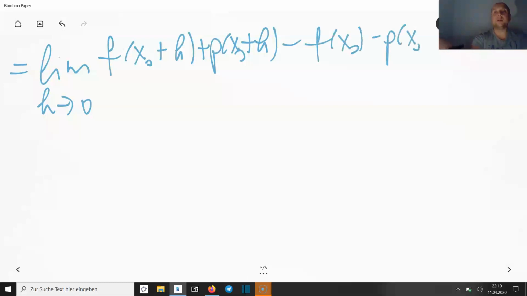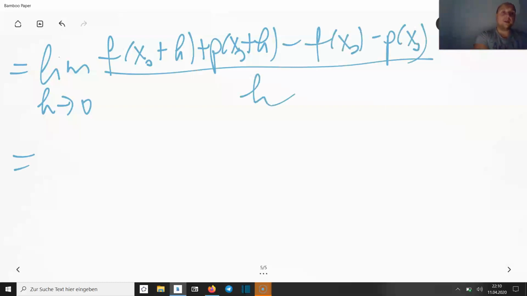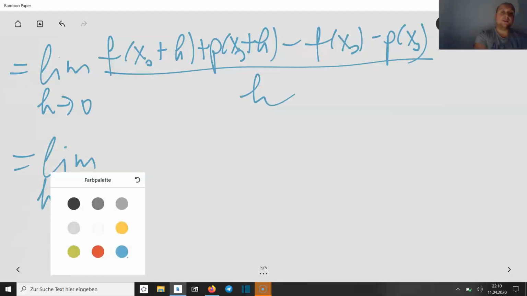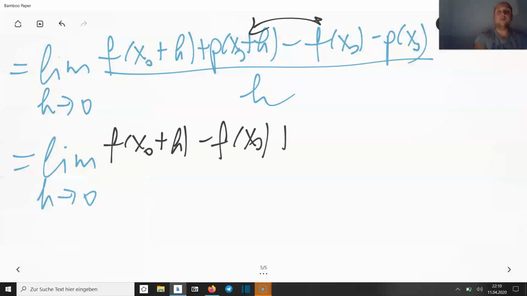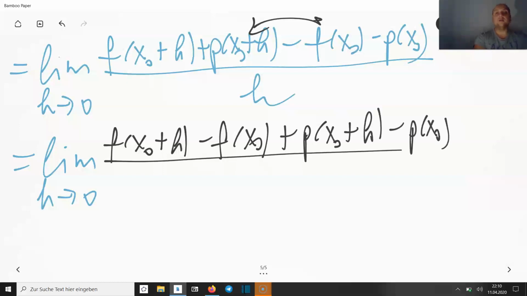We use the distributive law again, divided over h. Now we can use the commutative law and rearrange the sum. Look at this, we can switch the positions of those two. So we basically have f of x0 plus h minus f of x0 plus p of x0 plus h minus p of x0 divided over h.